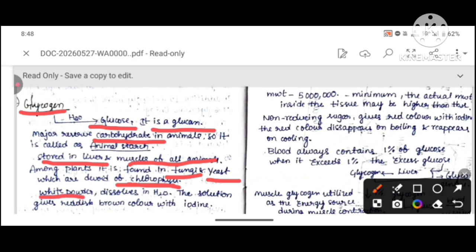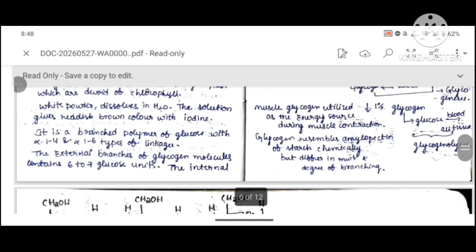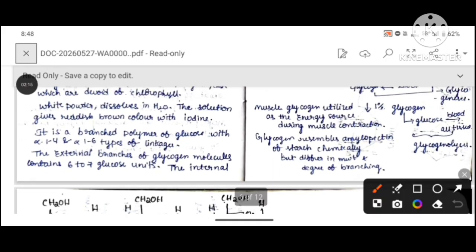It is a white powder that dissolves in water, and the solution gives a red coloration with the iodine test. When you see the structure, it is a branched polymer of glucose with both alpha 1,4 glycosidic linkages and alpha 1,6 glycosidic linkages. There are two kinds of branches in the structure of glycogen.